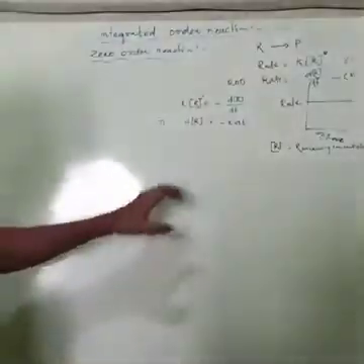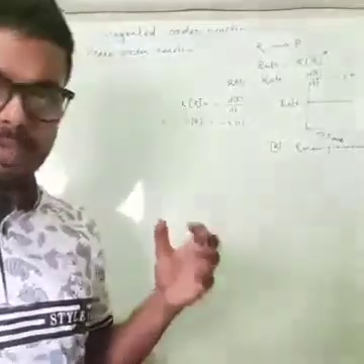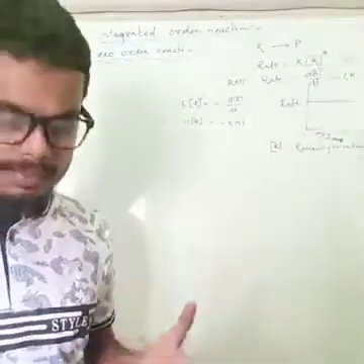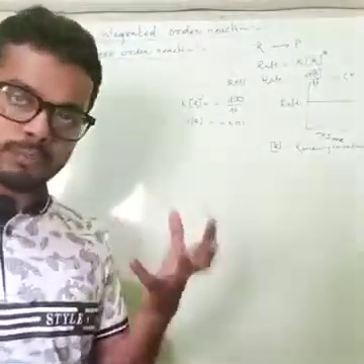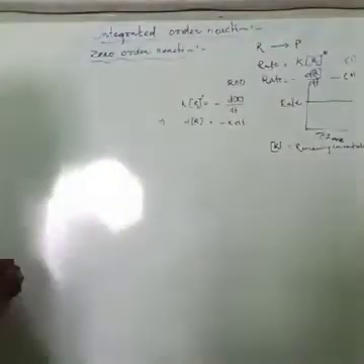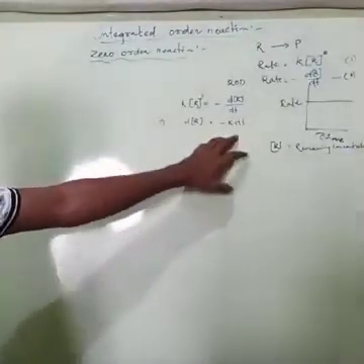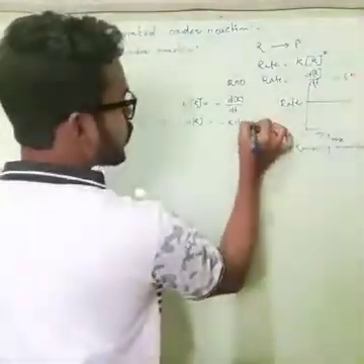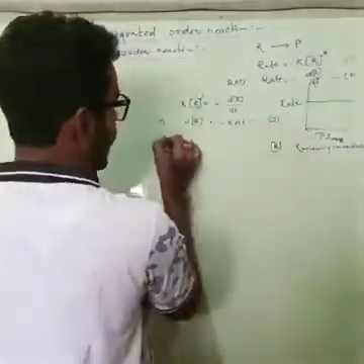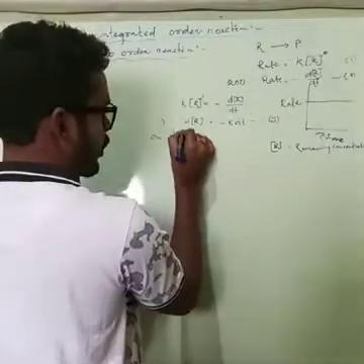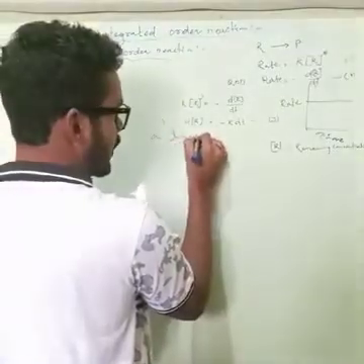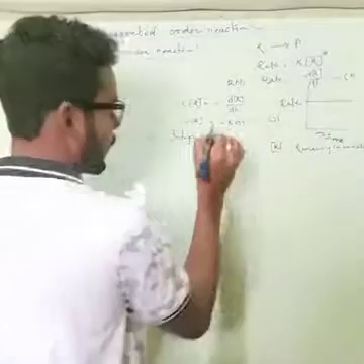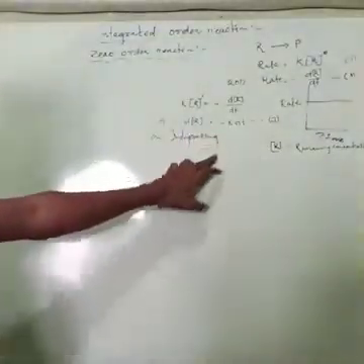We are finding one expression which will be helpful for your exams, for solving problems. Now if you integrate this, suppose this is equation 1, this is equation 2, and this is equation 3. On integrating, what will you get?